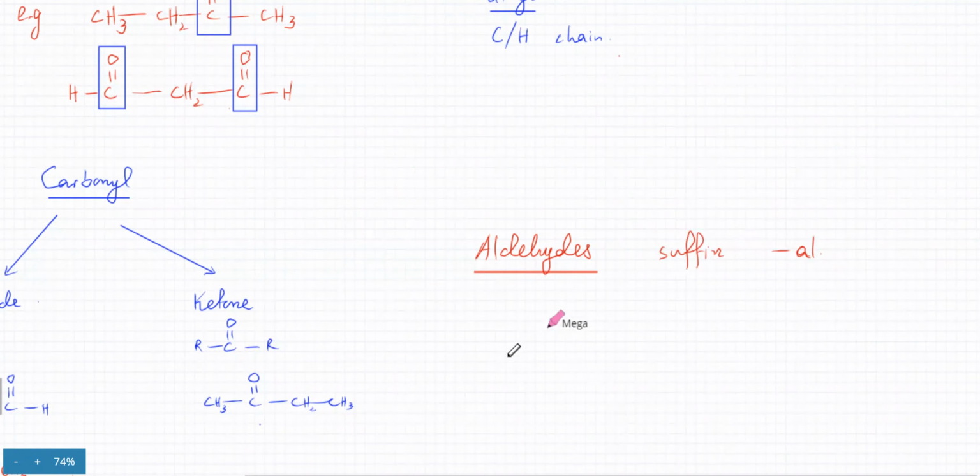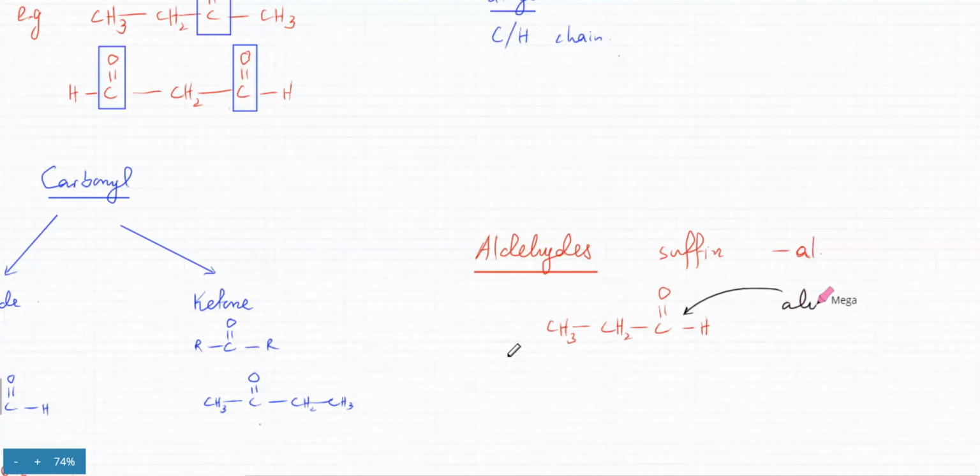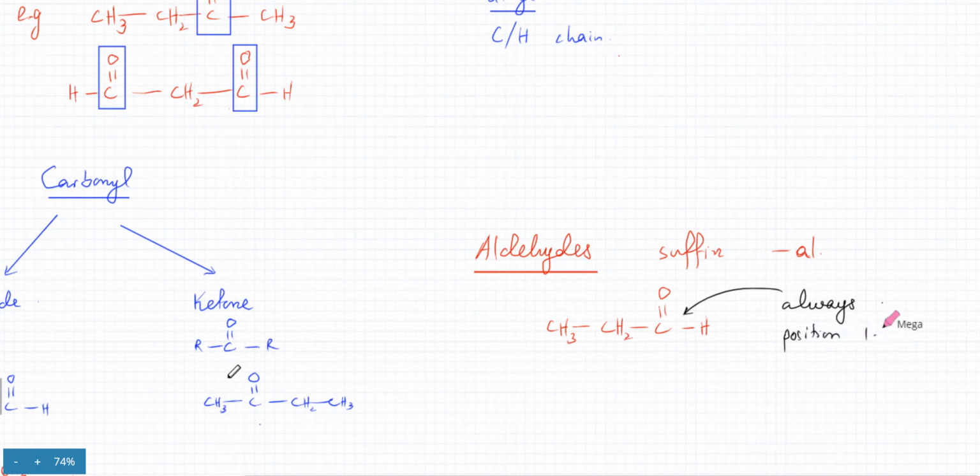So let's say you have this molecule. By default, position is not an issue. This would always be 1, always position number 1. Even if it's on the other side, it's still going to be position number 1. That's where you're going to start counting from. You have to give the aldehyde the smaller number.